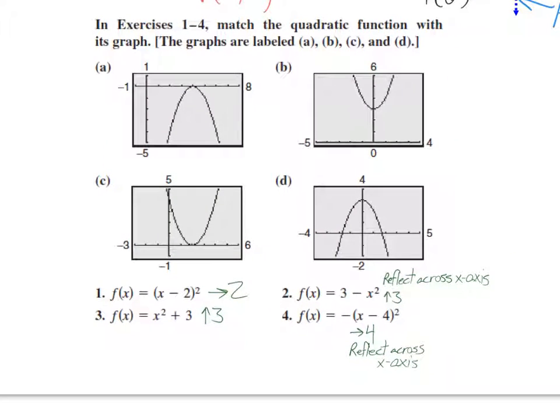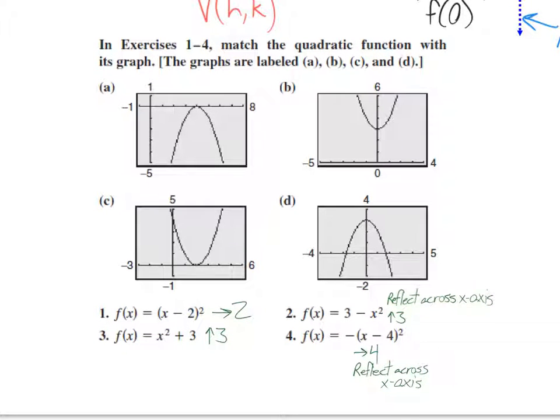So now we can match these here. Number 1 goes with C. It's simply shifted over to the right 2 spaces. Number 2 is D. It's shifted up 3, and notice it's opening downward.